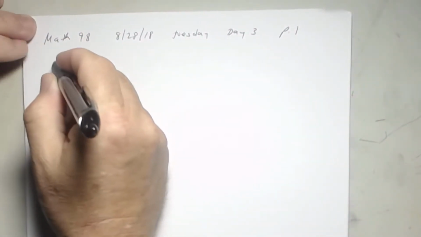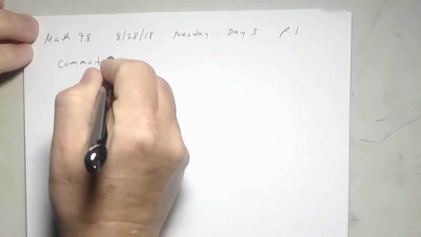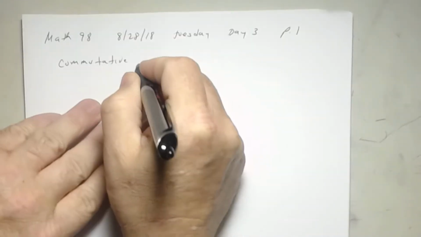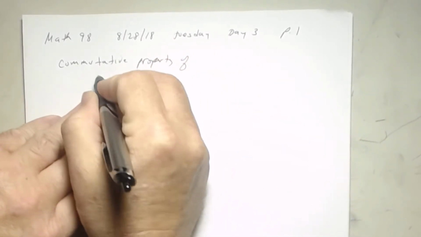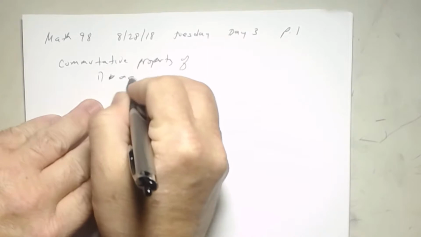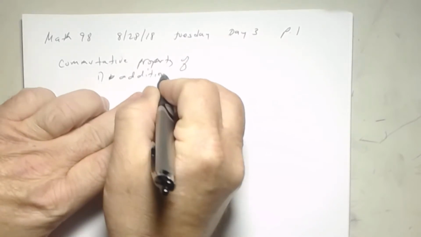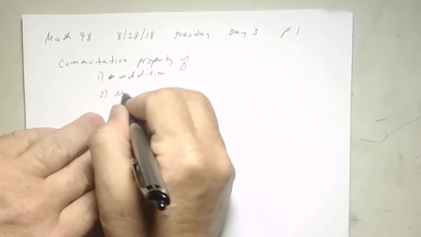Okay, so last class period we talked about the commutative property of, and then there was, let's do addition, and then multiplication, right?